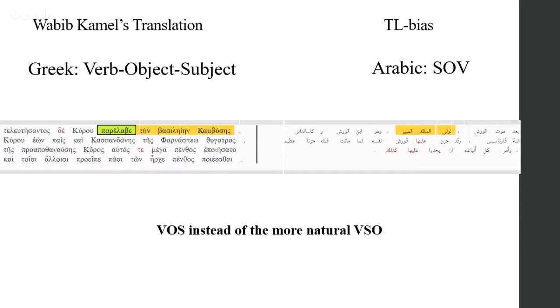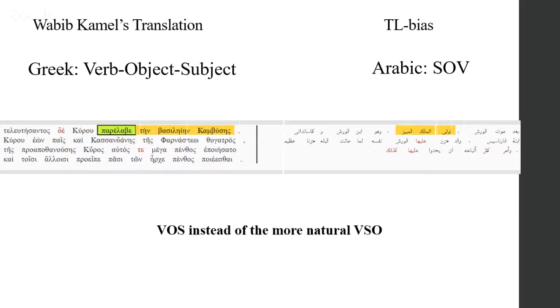But all the things are clear because in an inflected language like Greek, you have a very clear image. Parelape, tin accusative, Campises, which is nominative. So Campises took the throne. Now in Arabic, we have a target language bias because he tried, as he said, to preserve this order of the Greek sentence.